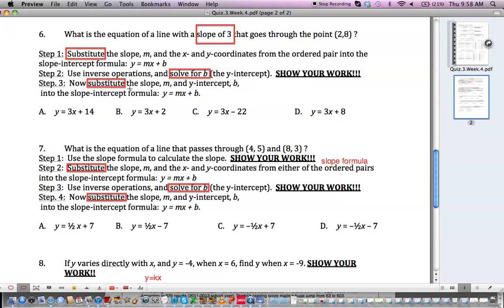So, listen up closely. Once you've solved for b, you go down to step 3 and substitute again the slope of 3 and the y-intercept you just solved for, and put it in this formula, and then you should have one of these answers. We did a bunch of these in class this week. Got any questions, raise your hand on this one, okay?